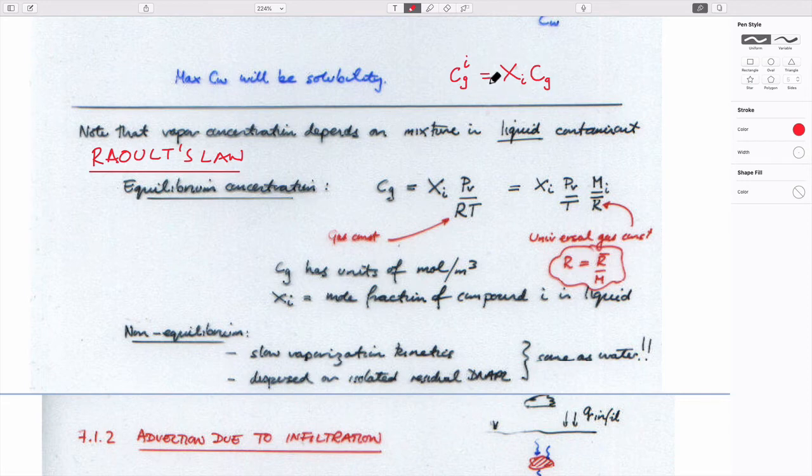And so knowing the mole fraction of the components in the liquid form allows you to get from the values of the gaseous concentrations, calculate the effective gaseous concentrations. So this would be the effective gaseous concentration.